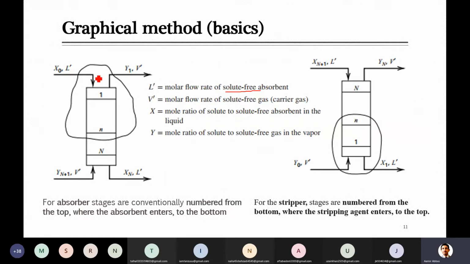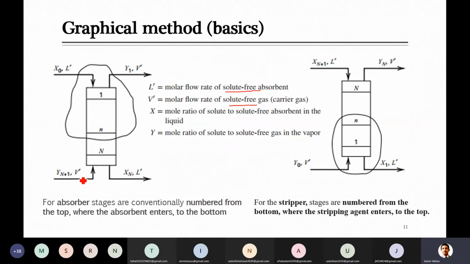Similarly V prime is the gas or vapor flow rate, and that is also solute free. I think you remember solutes are those components which we want to absorb.